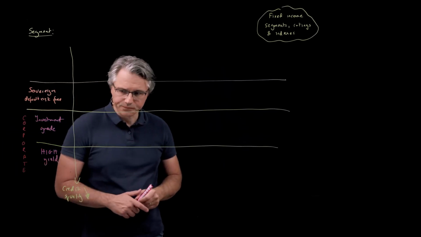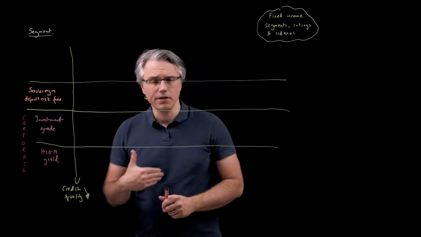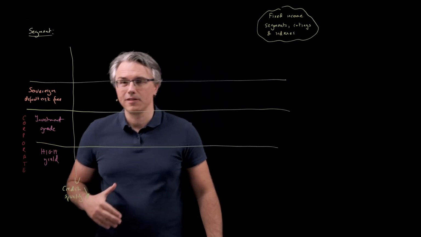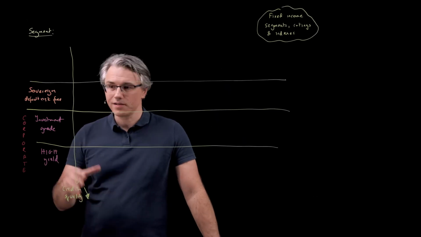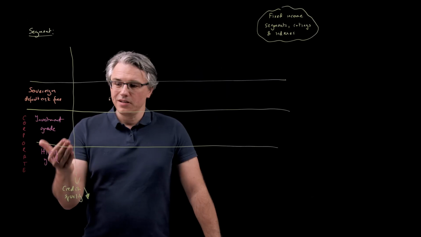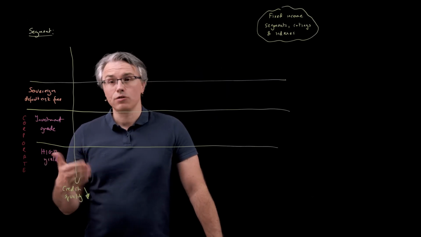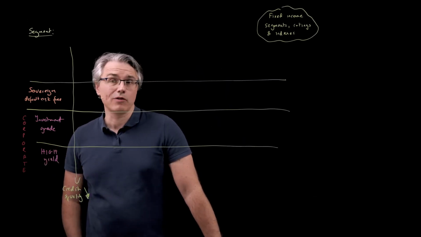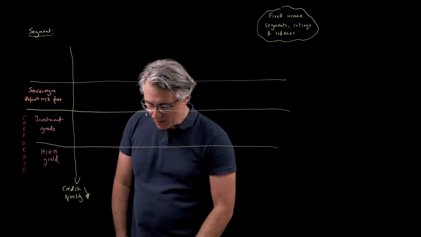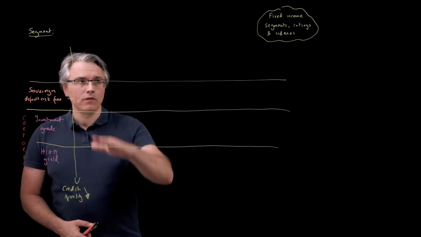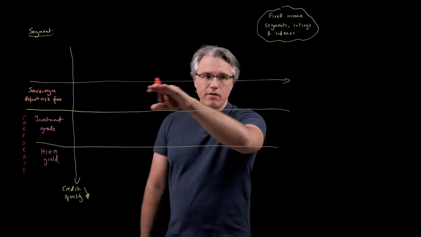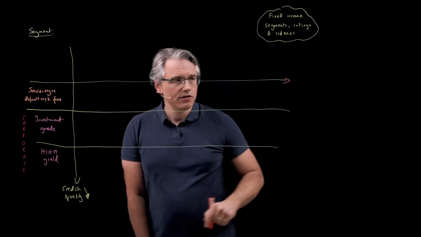And the difference between them will be explained in a later part of this video when we discuss credit ratings. It's all about the difference between better quality and lower quality issuers in terms of how the quality is estimated, typically by rating agencies.